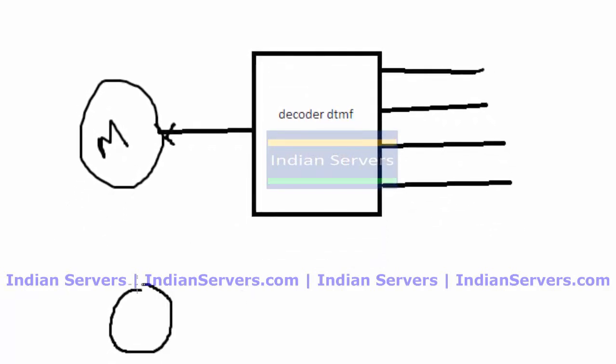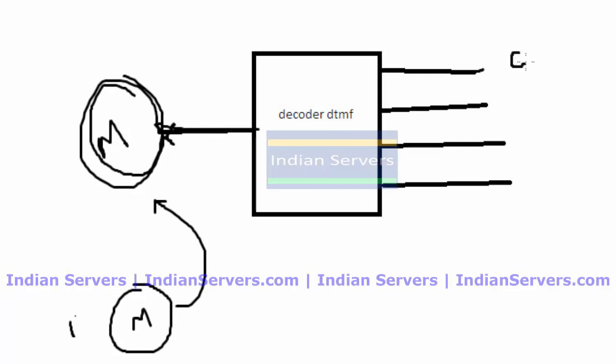So by using another mobile, make a call to this mobile and press any key from this mobile phone. So the corresponding tone will be heard at this mobile. That particular tone is given to the DTMF decoder and the DTMF decoder will decode the tone and generate the binary number.